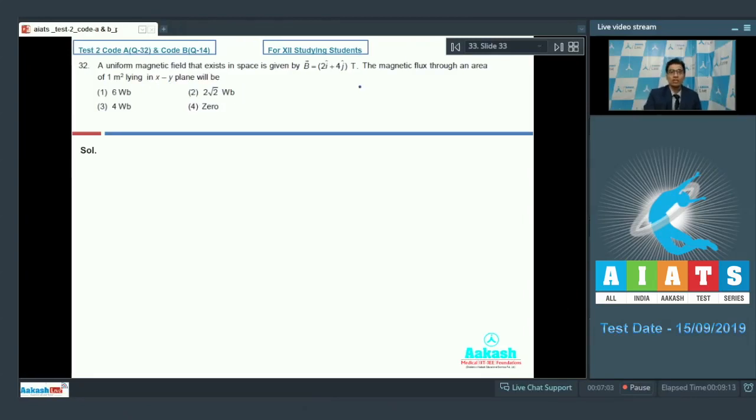Now dear students, we know that the magnetic flux can be written as B vector dot A vector, where A vector is the area vector. Herein the area vector has a magnitude of 1 meter square and it lies in XY plane. Therefore the area vector can be written to be equal to 1 k cap.